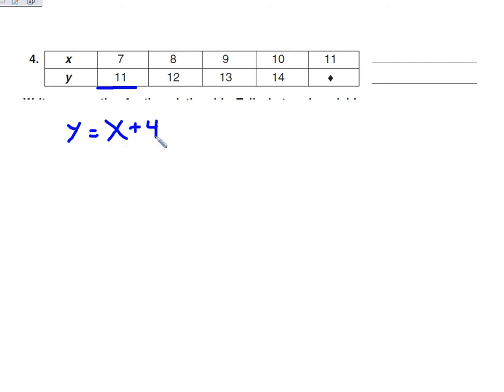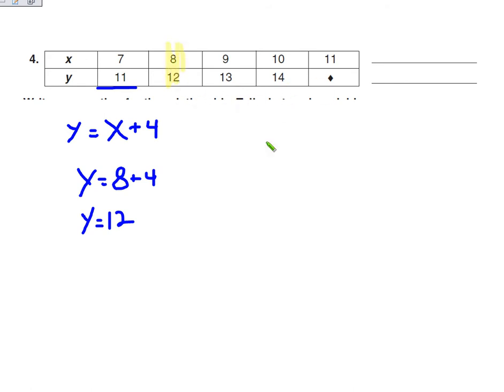Okay, so let's test it. Let's test what's y if x equals 8. 8 plus 4 is 12. y would equal 12. And what do you know? That works perfectly. You can test it for all of them. So let's solve it now.